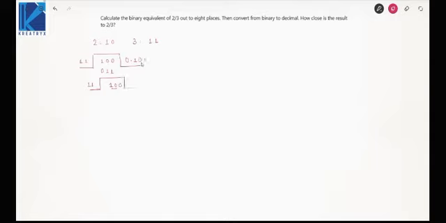If it becomes 4, you multiply 3 by 1, and after subtracting 3 from 4, we again get 1. But again it is now 2. 2 is less than 3, so we'll place a 0. It again becomes 4, again you multiply 0, 1, 1 by 1, and again after subtracting you get 1. But again it is 2, and 2 is less than 3, so we'll place a 0 here.